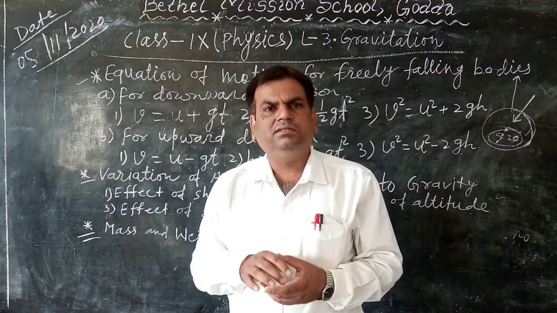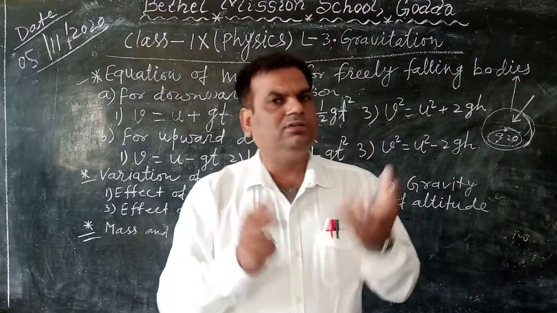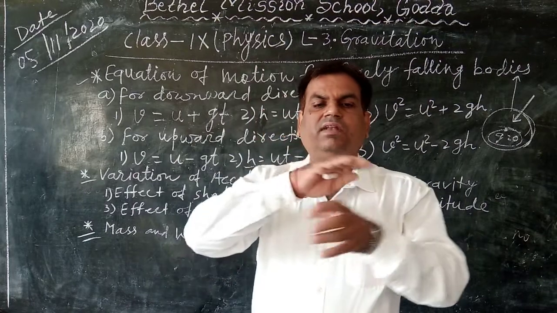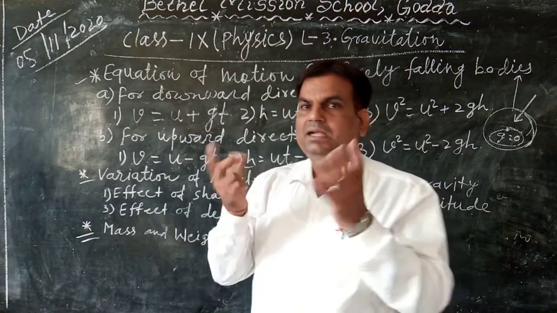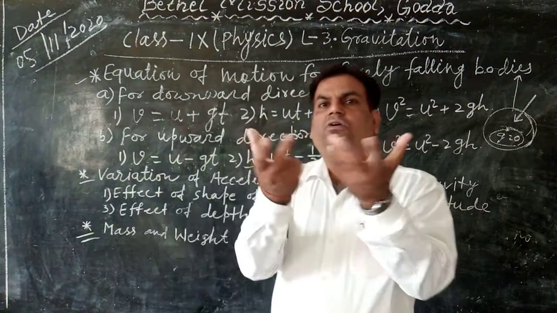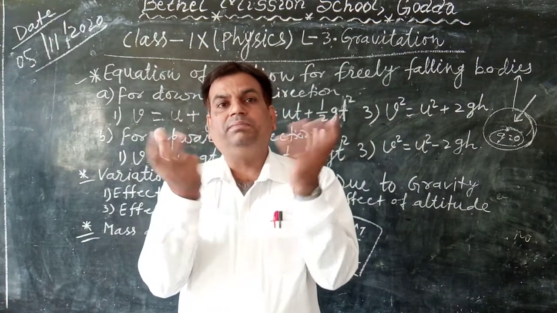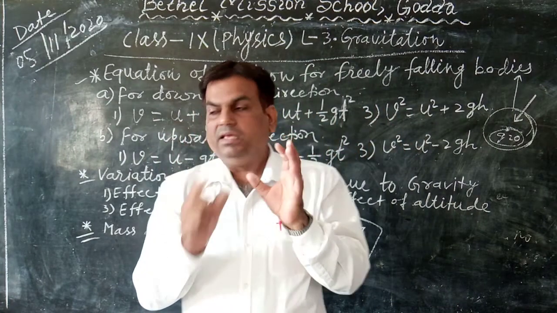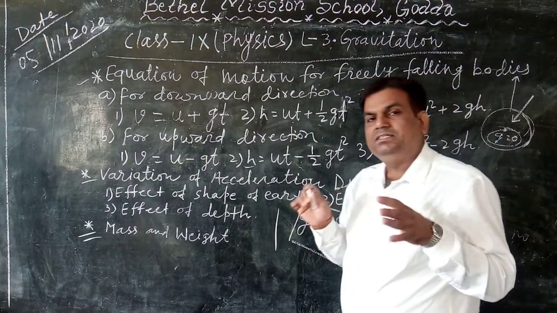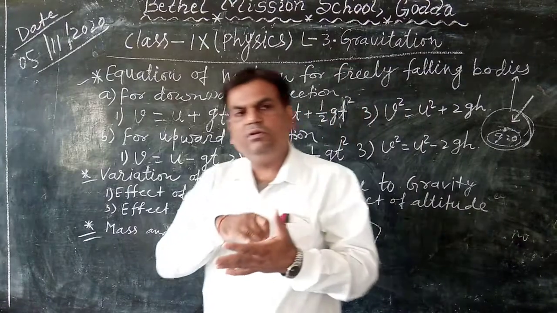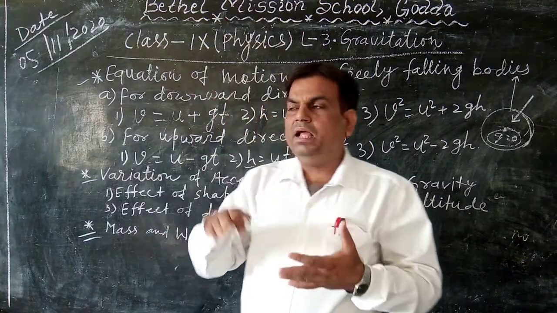As we know, the shape of the earth is not uniform. It is flattened at the top and the bottom, means at the poles, and it is bulged at the equator. So the radius of the earth is minimum at the pole and maximum at the equator.